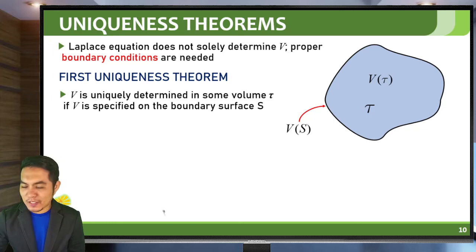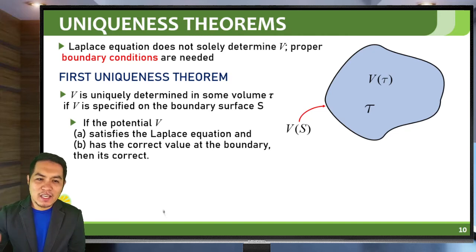A consequence of this uniqueness theorem is that if the potential that you have calculated satisfies the Laplace equation and has the correct value at the boundary, then that means your potential is correct. You got the correct form of the potential.